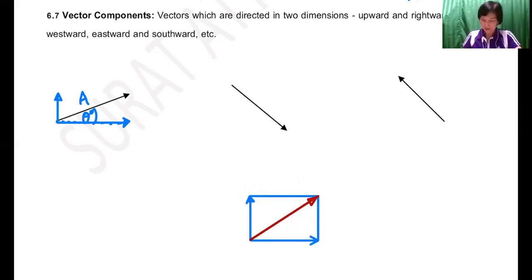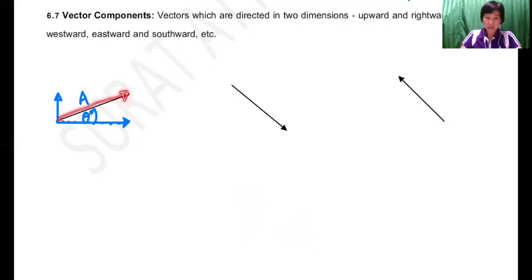Next, here I have drawn this vector already: the original vector A at an angle theta degrees above the x-axis. What are the two components of this vector? One must point to the right like the original vector, and the other must point upward, and it must not be over this height.